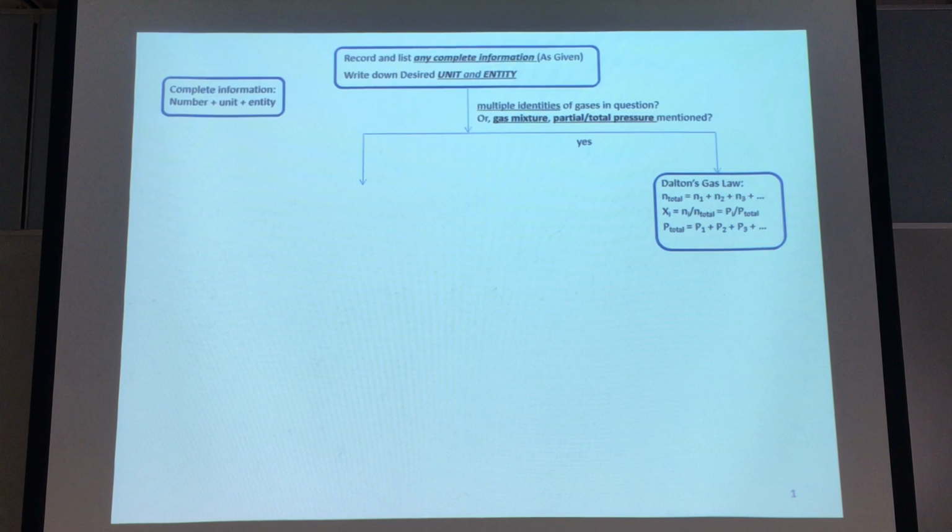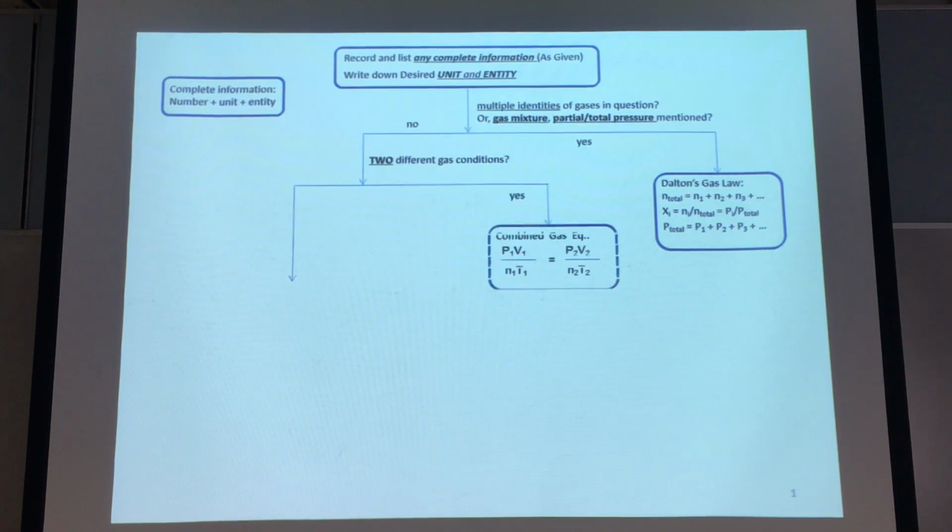If the answer to that question is no, the next question we need to ask ourselves is, do we see multiple conditions of a gas? Things like 2 different pressures, 2 different temperatures, and so on. If the answer is yes, it is a problem where we have to use the combined gas equation.